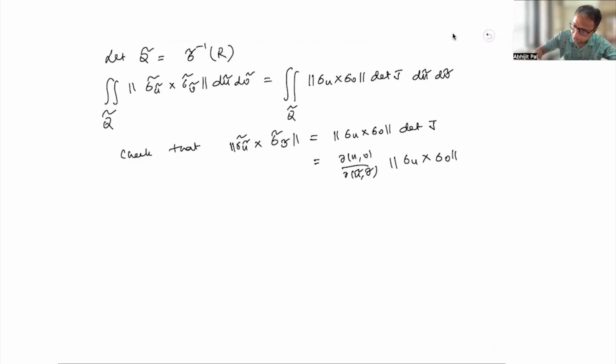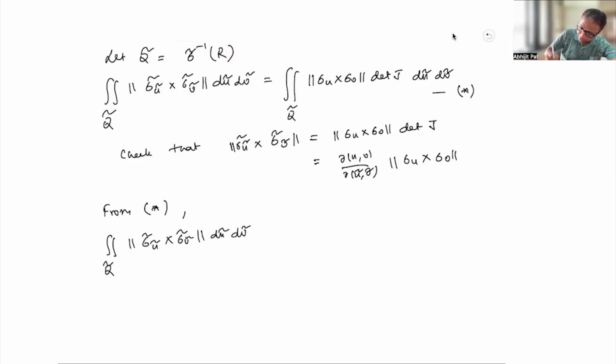Now from this equation star, this double integral over Q tilde of the norm of sigma tilde u tilde vector product with sigma tilde v tilde du tilde dv tilde.